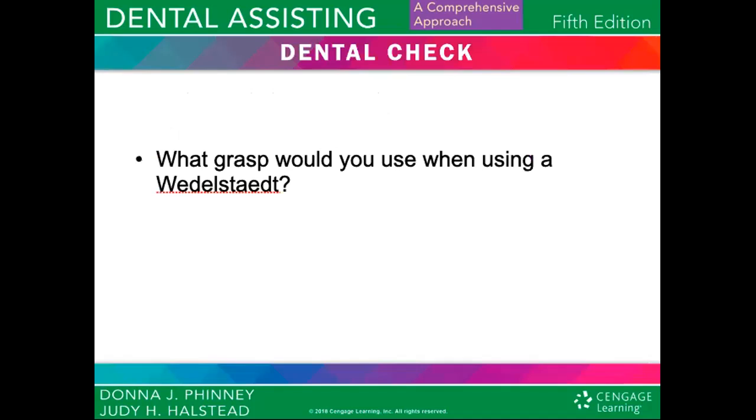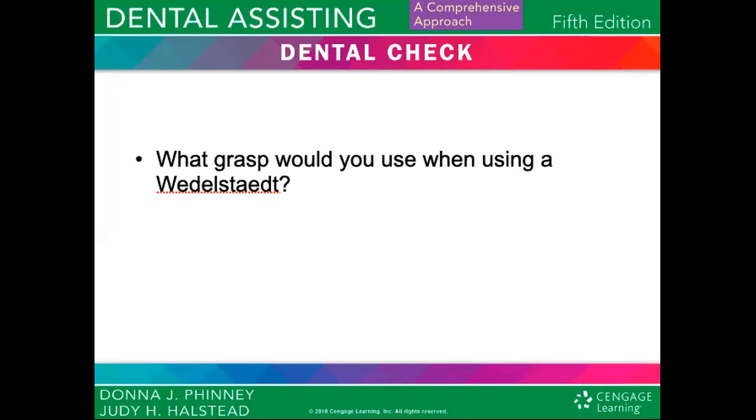So for those of you who have started looking at your instrument pocket guide, and you know what a Wheatl-stat is, that is a type of chisel. So what grasp would you use when using a Wheatl-stat?